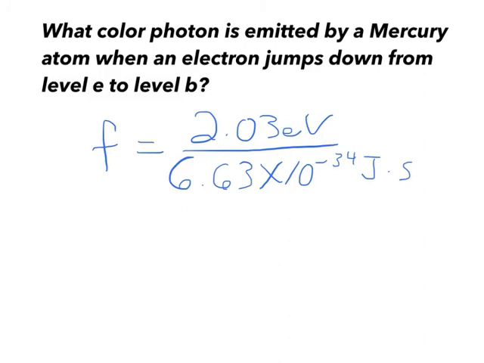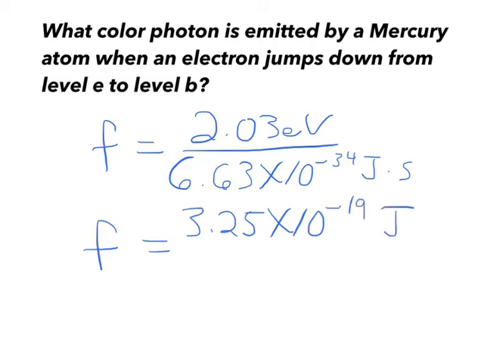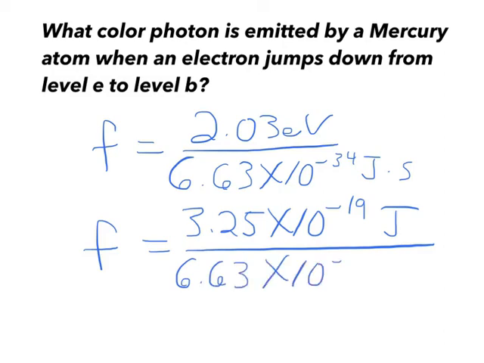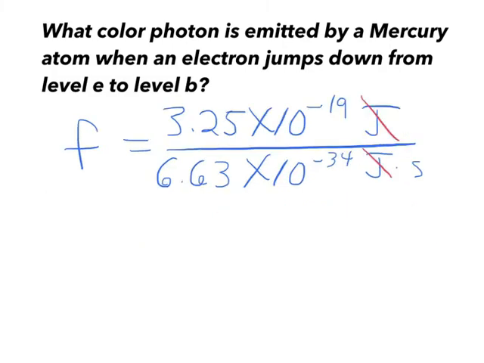Okay, so now instead of 2.03 electron volts, I have 3.25 times 10 to the negative 19 joules. And I'm going to divide that by 6.63 times 10 to the negative 34 joule seconds. Now I can see that the joules here are going to cancel out, and I'm going to be left with 1 over seconds.